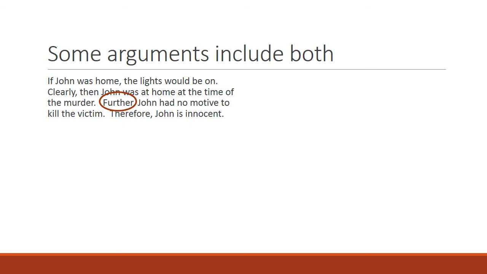But sometimes, just to keep from being too boring, the author will mix up the language by saying things like first, one thing, also, another, further, another reason, in addition, changing up the language to keep the passage interesting. This word "further" functions in that way.